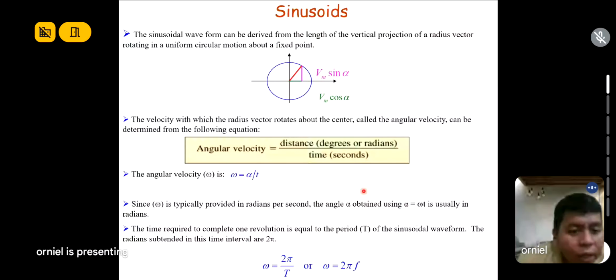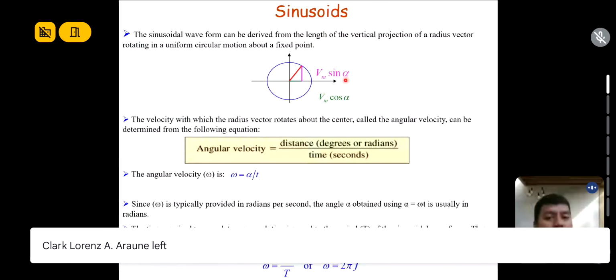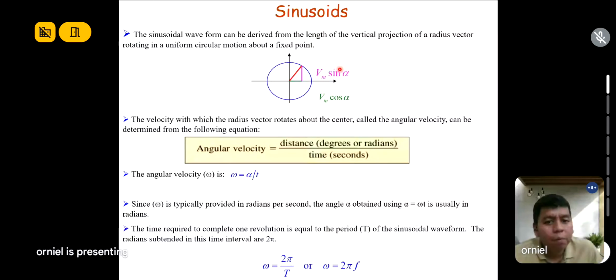And the sinusoidal wave can be derived from the vertical projection, as you can see here, of a radius vector rotating in uniform circular motion about a fixed point. If you have seen this, later on we will expound on it.